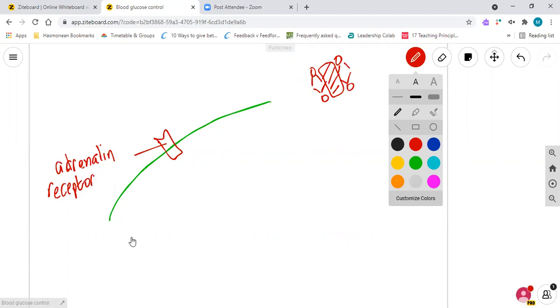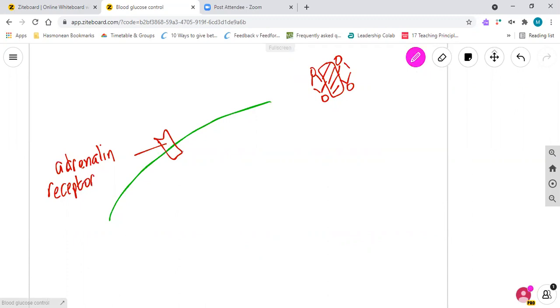Now, also attached to the bottom of the adrenaline receptor on the inside of my cell is another enzyme called adenylate cyclase. At the moment, adenylate cyclase is in an inactive mode.